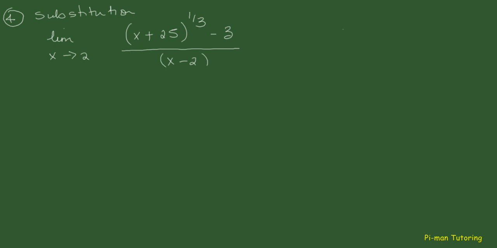And I think you can see straight away that we've got the cube root of 27 on top, minus 3, divided by 2 minus 2, and that's the usual problem, 0 divided by 0. So feeding in the value is not going to work. What can we do now? So we take this complicated expression here and we introduce a new variable.